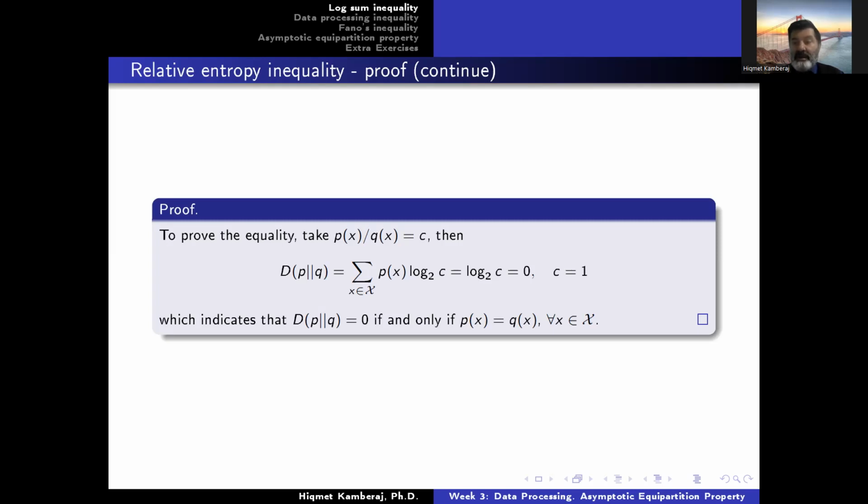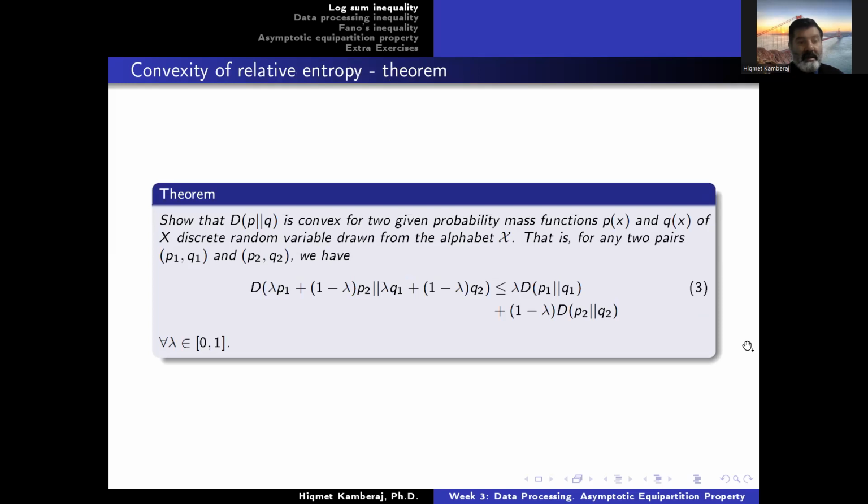Then I will be left inside the sum with the sum of all x of p of x, which is equal to 1 because p of x is a PMF. Then I have log with base 2 of c. For c equal to 1, this becomes equal to 0, which indicates that relative entropy is equal to 0 if and only if p of x is equal to q of x for every x from chi, or c is equal to 1, which is the same.